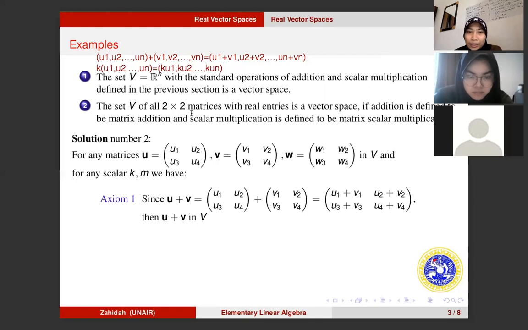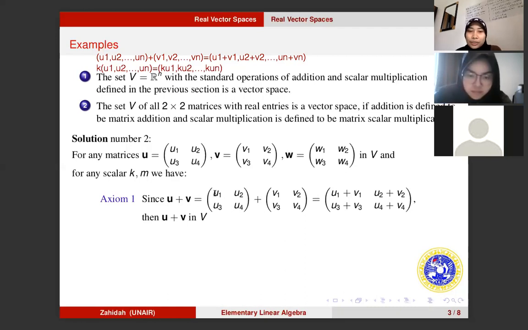V is 2 by 2 matrices. So our U here is U1, U2, U3, U4, and same for V and W. And for any scalars K and M. The first axiom, we want to show that U plus V is in V, right? So just write it down.